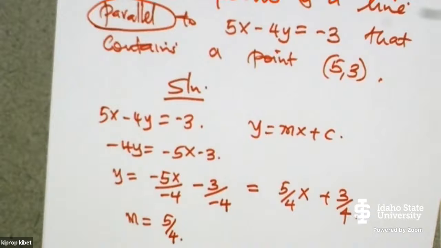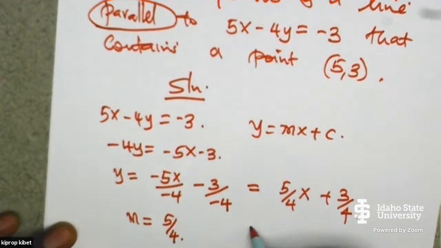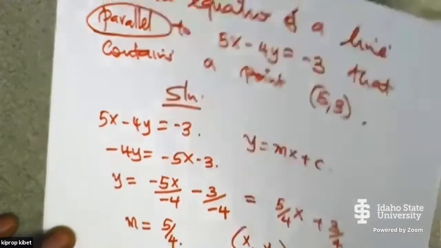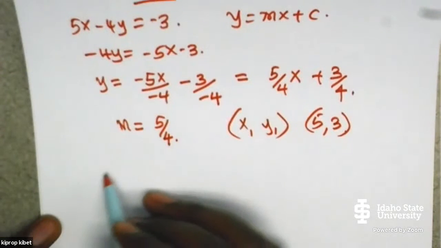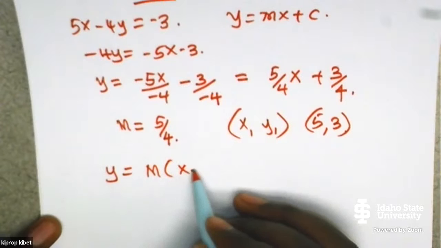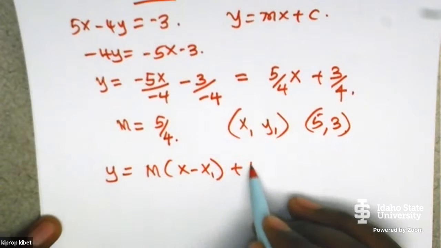So we have our x1, y1 here, which is 5 and 3. Using our point-slope form, we say y equals m times (x minus x1) plus y1.